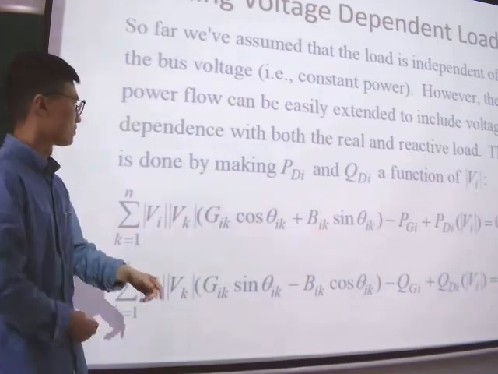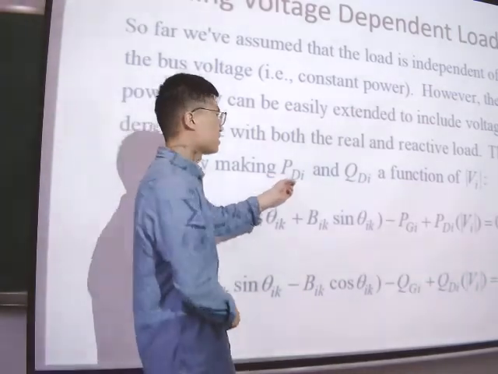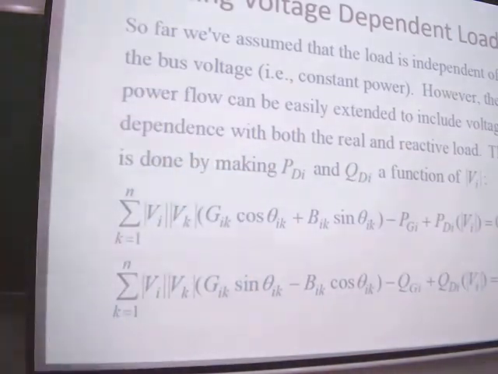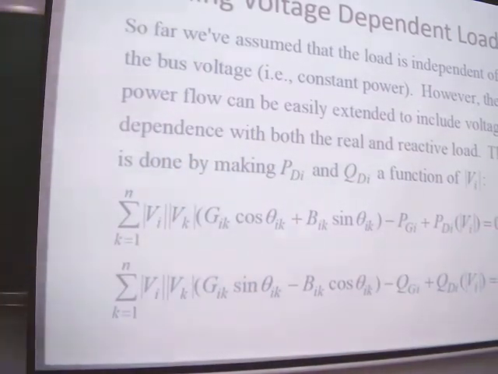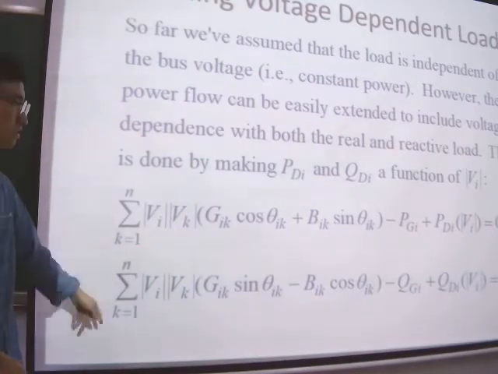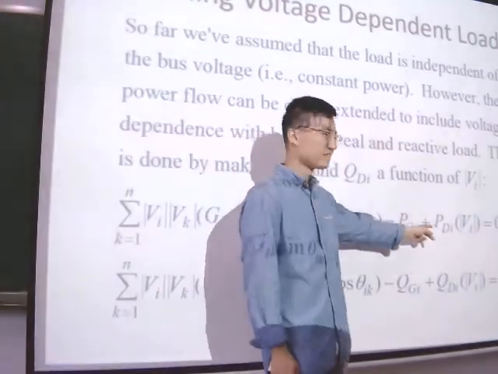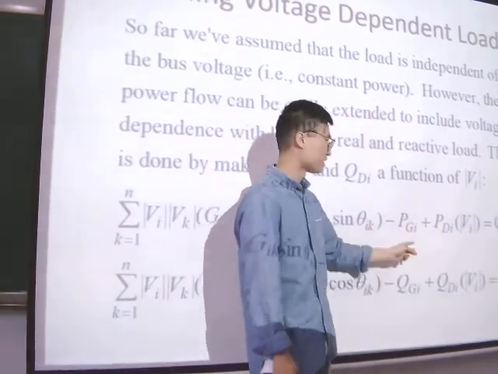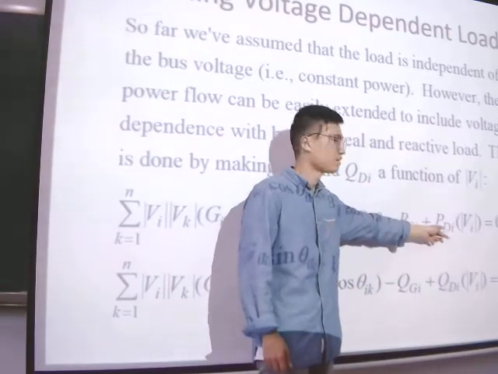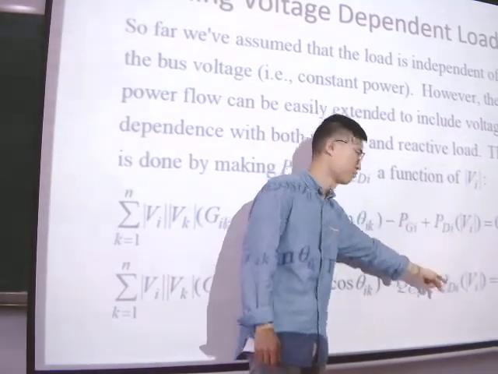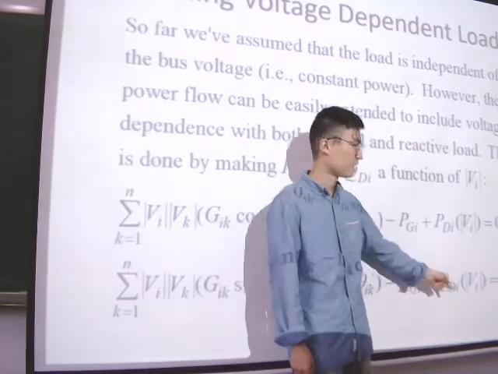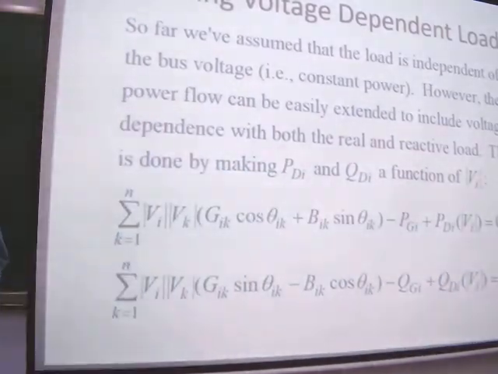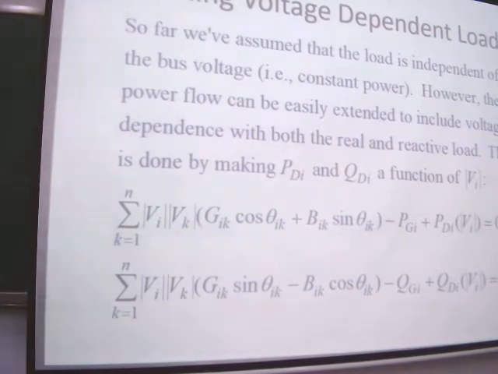So we're just utilizing this P and Q as a function of the voltage magnitude squared. Because for voltage dependent nodes, the generation is the same, but for the real power and reactive power of the dependent nodes, we need to consider the voltage magnitude, because it's related to the voltage magnitude.